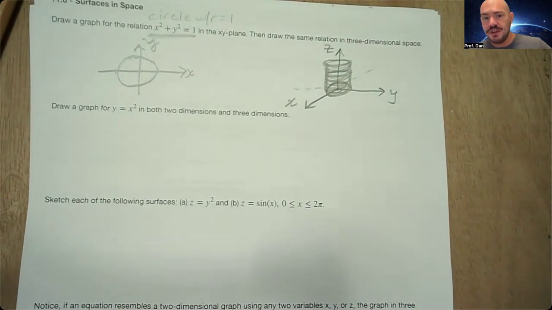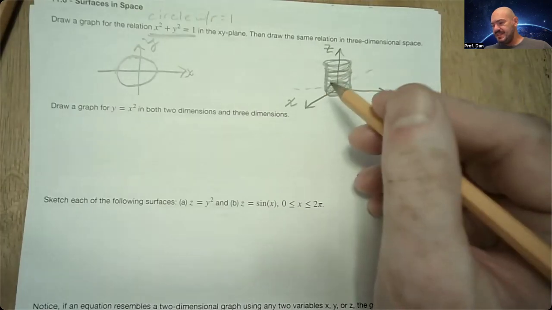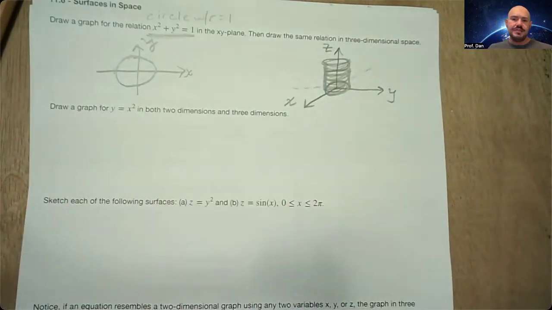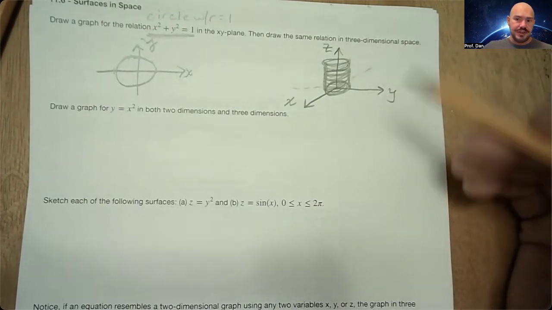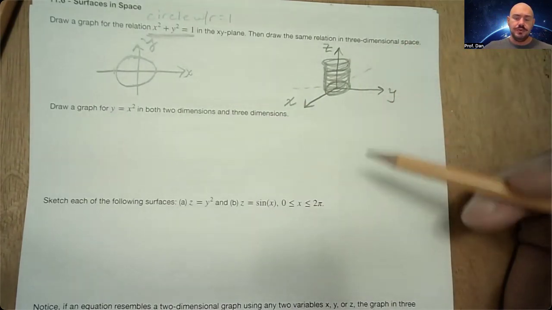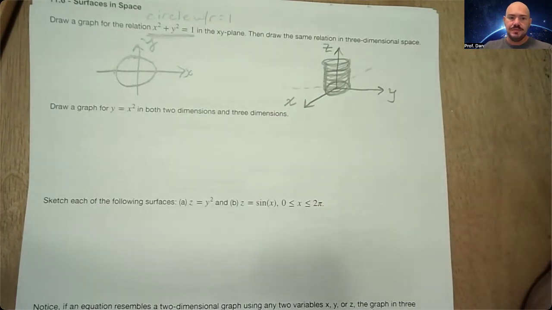So an infinitely long cylinder. And that's the idea: when we get equations that look like things we're used to in the xy plane, and they don't depend on one of the three variables, it just extends infinitely in both directions along, or parallel to, the axis of the variable that's left out.